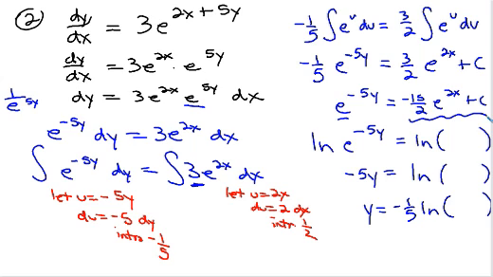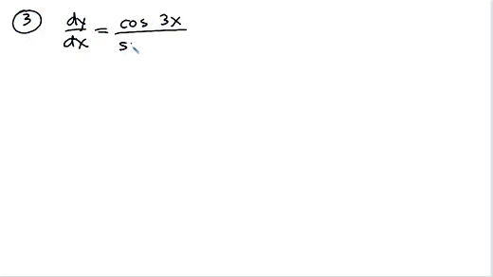Let's take a look at one more. dy/dx equals cosine of 3x over the sine of 4y. So again, we've got some separation of variables stuff to do.